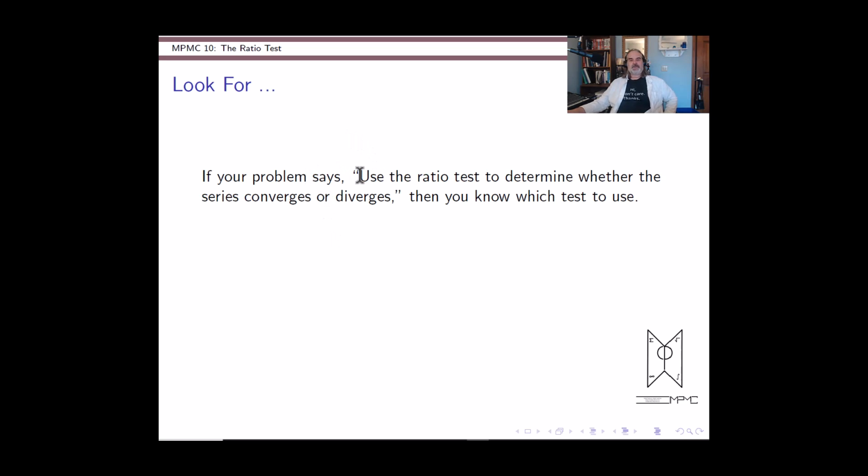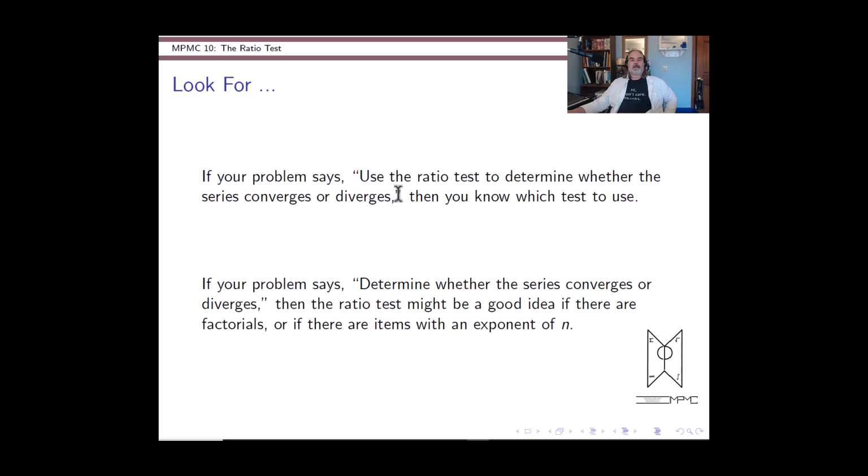Now, when do you use the ratio test? Well, the obvious one is if you're in the section that's about the ratio test, because the instructions are going to say use the ratio test to determine whether the series converges or diverges. Now, if you're in a more broad setting where it's just here's a series, figure it out, then look for factorials.